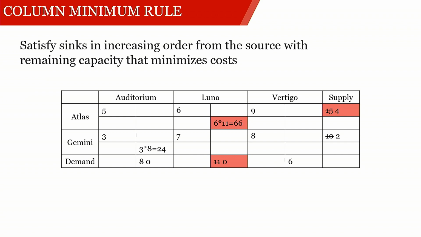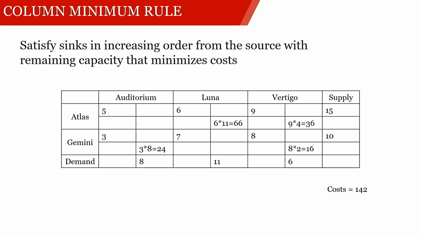Now we have a supply of 4 left in Atlas and a supply of 2 left in Gemini, which by the time that we move now to Vertigo means that we're just satisfying first the demand from Gemini and then the demand from Atlas, which then means, okay, all demand is met, all supply is met, and our total cost is 142. So the main difference to the previous algorithm is that we check which one is cheaper among the 2 options that we're having, which means that we see slightly lower costs in this case.